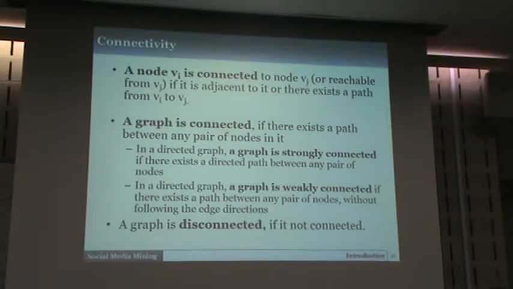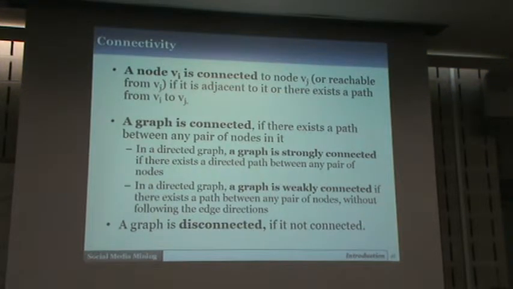Okay. So that is the idea of the connectivity, to measure how strongly a set of nodes are connected. So for example, the graph is connected if there is a path. Because they are connected, we can make the path to travel the edges.